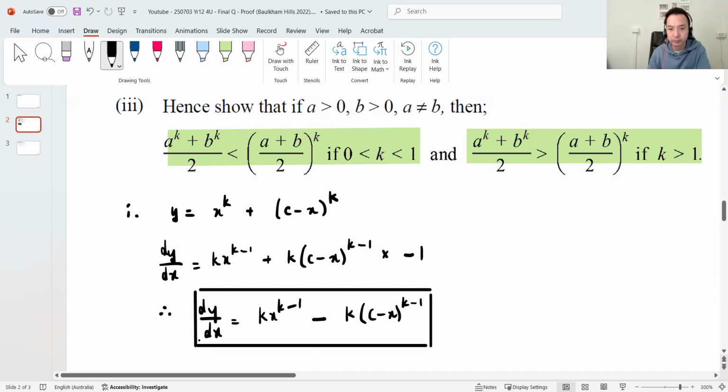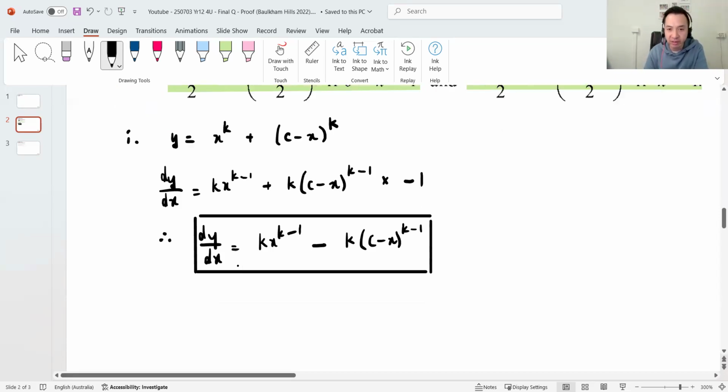Now, to find stationary points, I set this to 0 and I solve. Put this guy over to the other side, so I get x^(k-1) equals (c minus x)^(k-1). Delete the k's, the constant goes away.